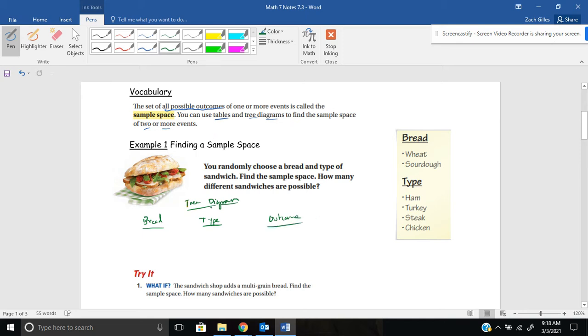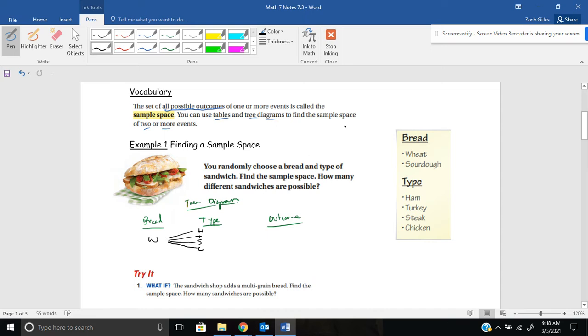Okay, I might use some abbreviating here just so I can fit everything. So, well, I could have wheat bread, and on my wheat bread, I could have ham, I could have turkey, I could have steak, or I could have chicken.